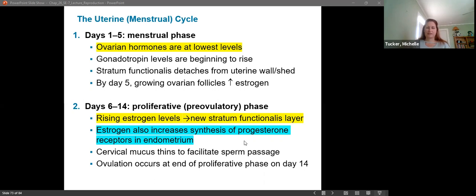Estrogen also increases the synthesis of progesterone receptors, and this becomes important because the corpus luteum is going to be secreting progesterone. So as long as that corpus luteum is secreting progesterone, the stratum functionalis layer will stay intact. Cervical mucus thins to facilitate sperm passage, and then ovulation occurs around day 14.